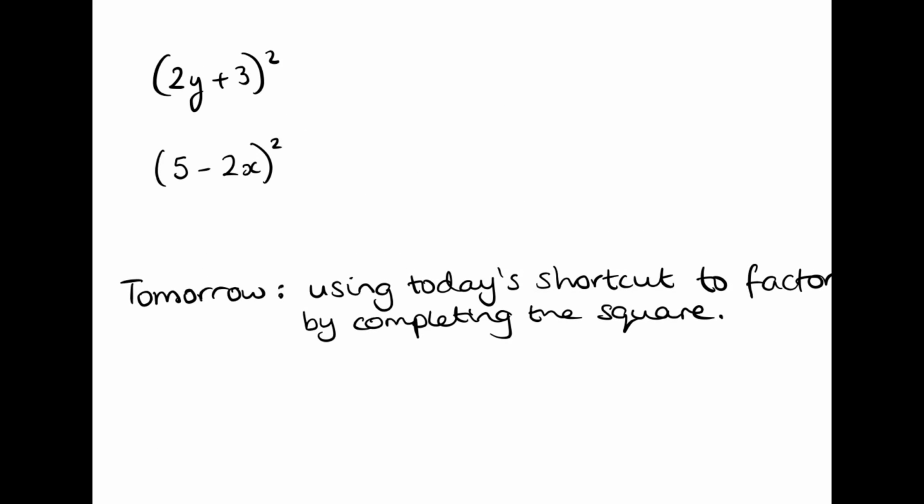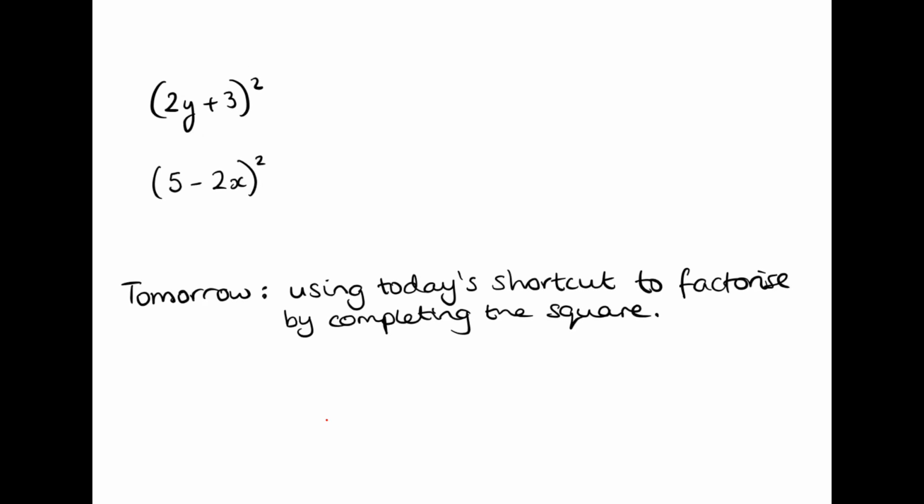These are two slightly different ones, just to make sure we've definitely got the hang of it. So this one. The first thing squared, so that's 2y times 2y is 4y squared. Multiply these two together and you get 6y. So double that, we get plus 12y. And then the last thing squared, 3 squared is 9.